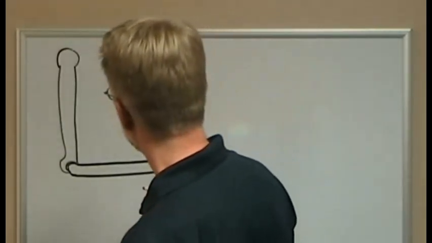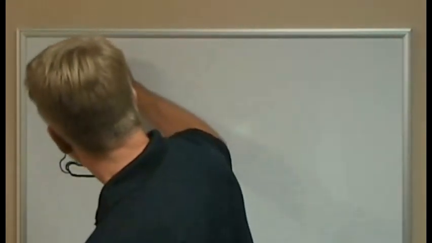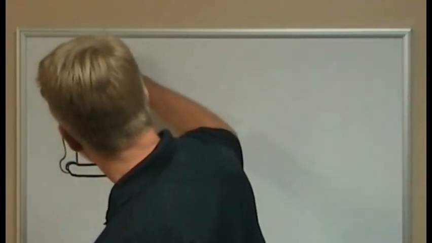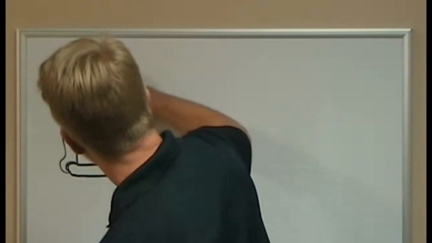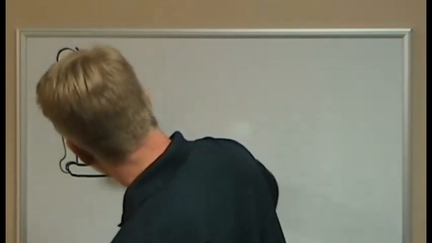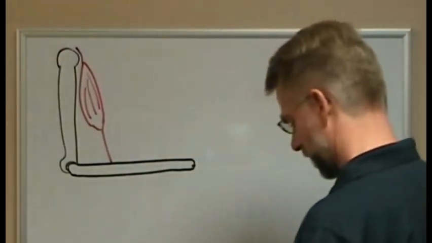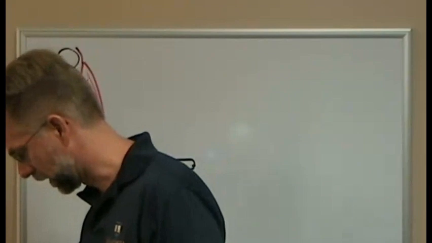Then from here we have, let's just say this is the long head of the biceps. And here's the biceps muscle, and it's going to insert down here on the forearm, right? Actually on the radius.